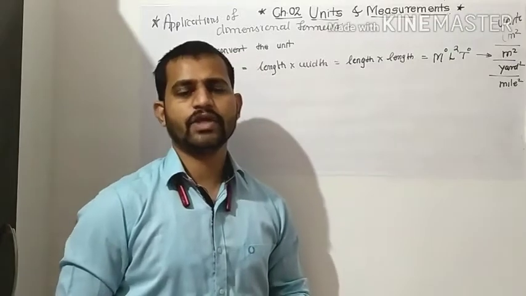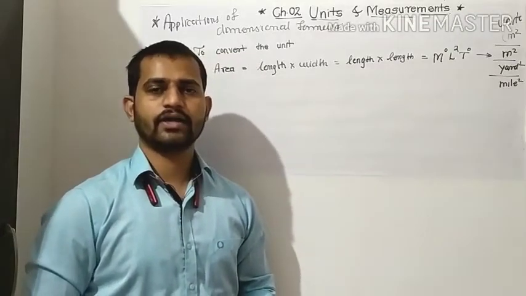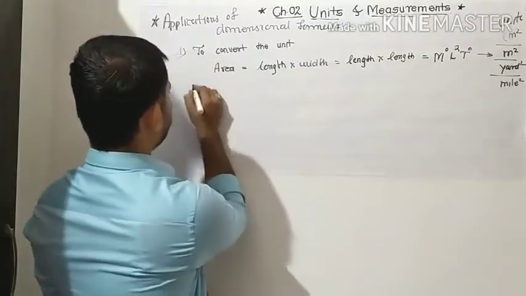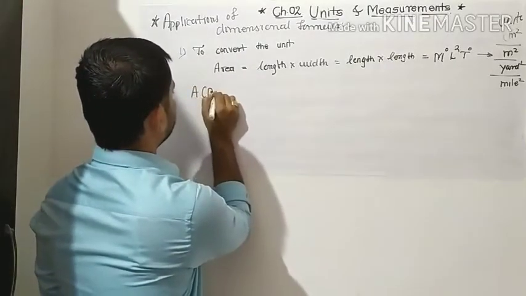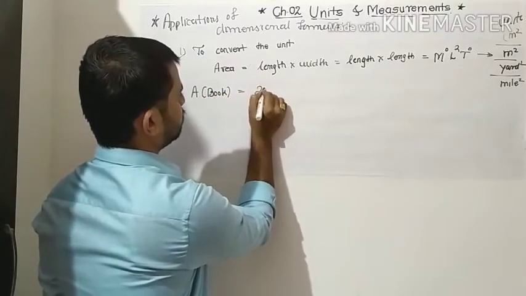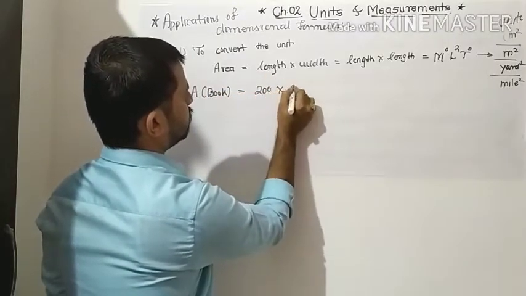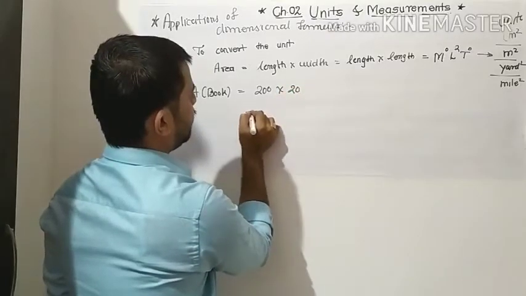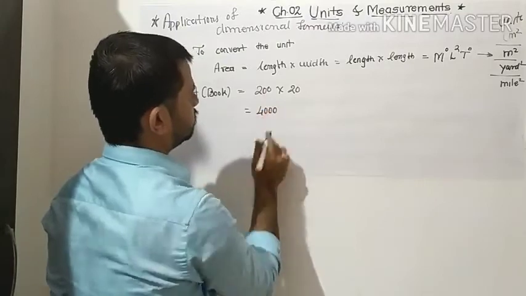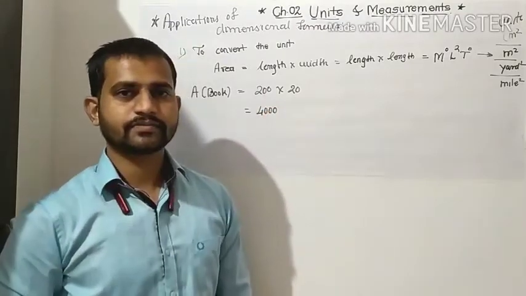Suppose we have one book. The length of that book is 200 and the width is 20. Suppose we want the area of the book. Then the length is 200 and the width is 20, so we get the area as 4000.